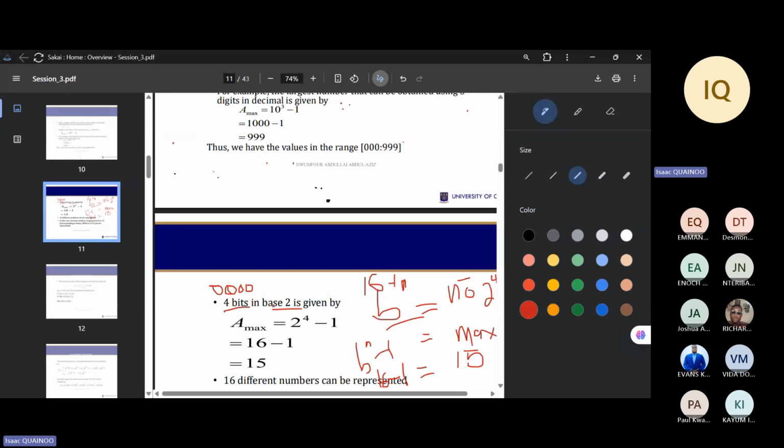So we are just talking about the number of ways that you can arrange ones and zeros within this, and you would have 16. If you do that practically, you will note that we could have 0001, 0011, 0111, 1111, and then 1011.